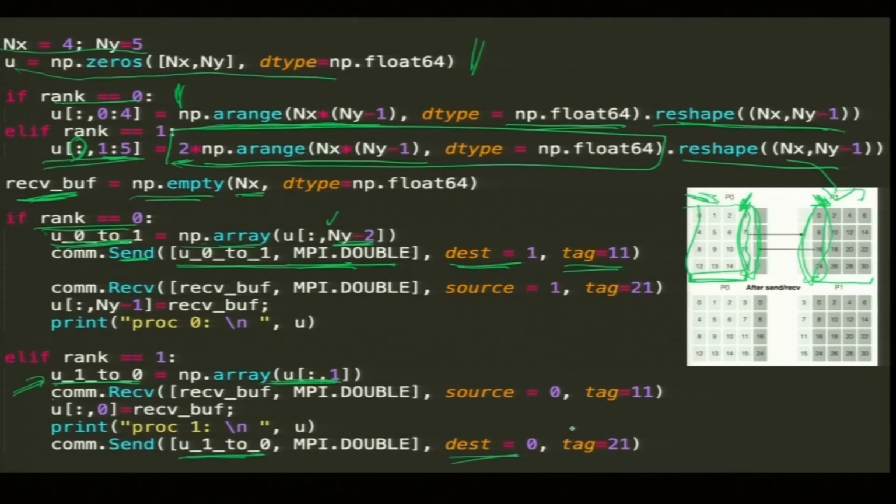But as we said, for deadlock we should avoid sending simultaneously. So, what should processor 1 do first? First receive it. Rank 0, which is the master node, sent it. Now, processor 1 should not say I will also send it. Processor 1 should say let me first receive it. So, it receives this data, and I use the tag, but since it is receiving only one packet, the tag was not necessary.